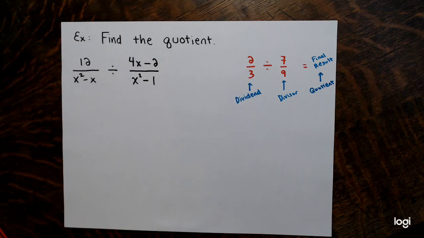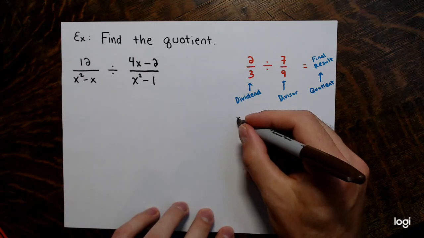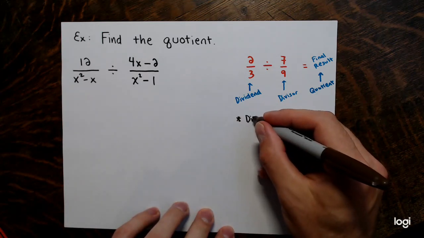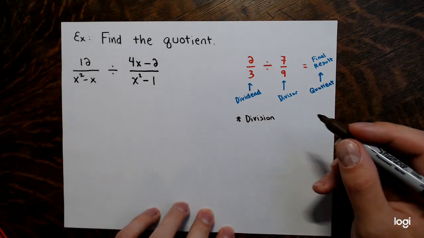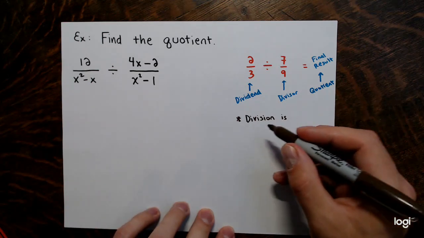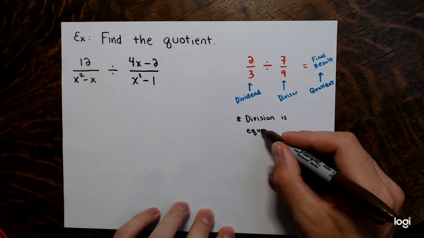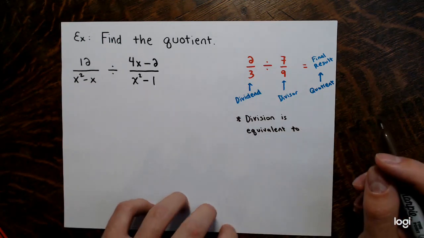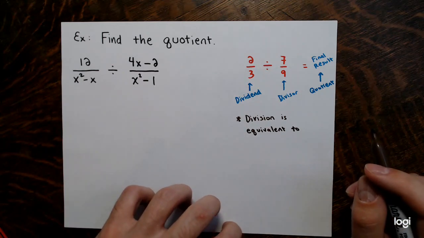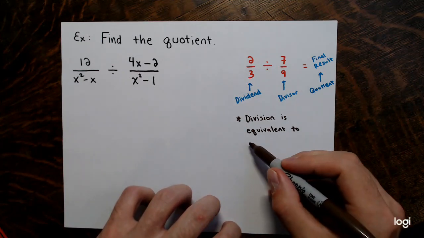One other note I want to make about division is that division is equivalent to multiplication by the reciprocal of the divisor.